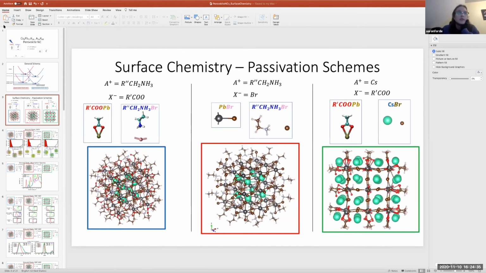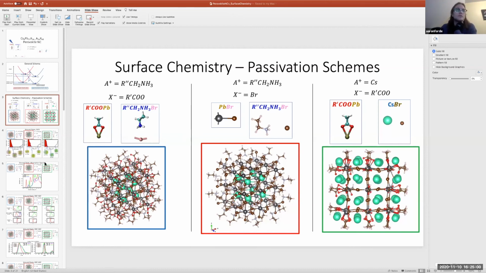So these are the three models which I have in mind for looking at the photochemistry. For each of these models, the quantum dot is an inorganic core made of cesium lead bromide, and those are 2 by 2 by 2 unit cells which make up the core.